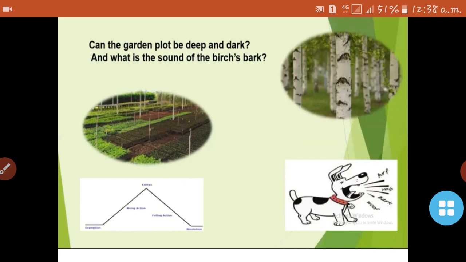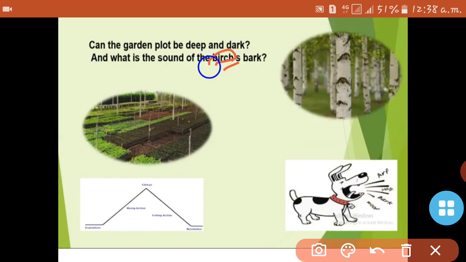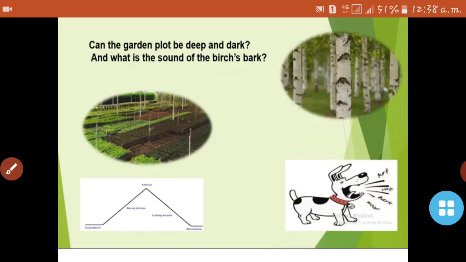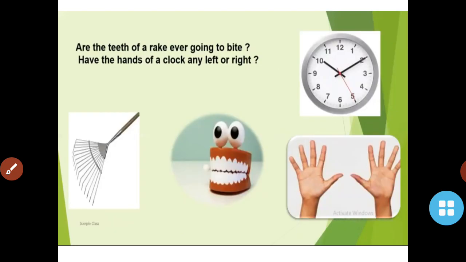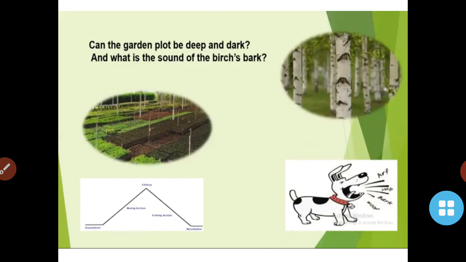Can the garden plot be deep and dark, and what is the sound of a breeze bark? Now here you can see the word given is bridge. What does it mean? It says that the bridge means a tree.